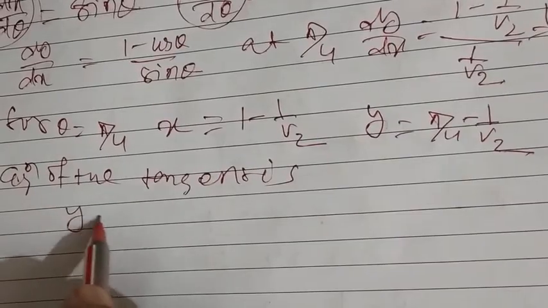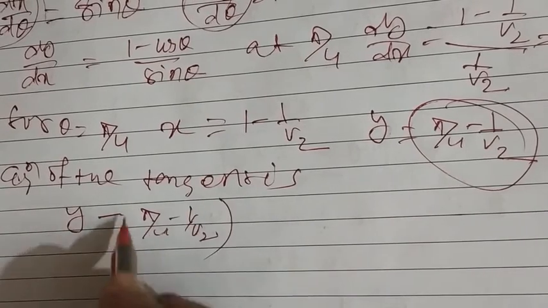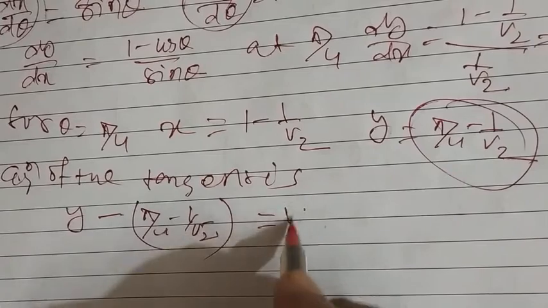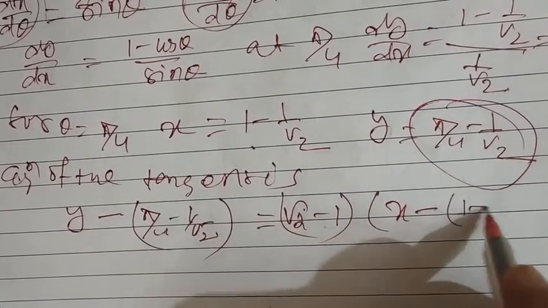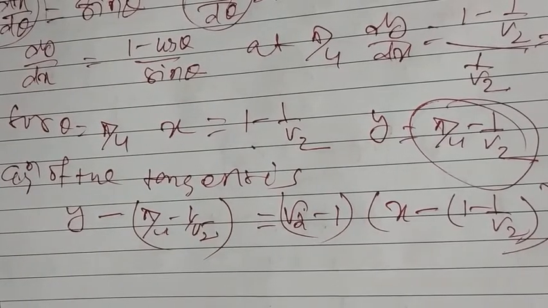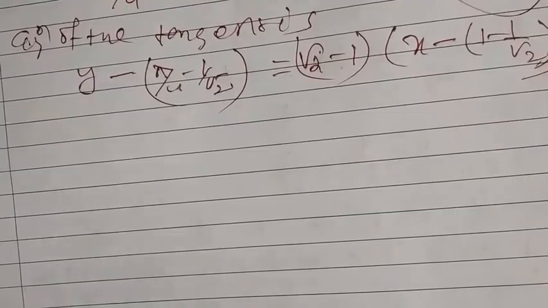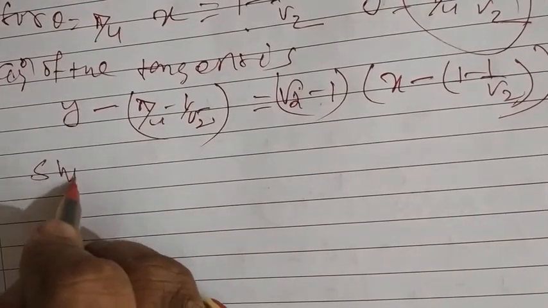It is y minus y1, pi by 4 minus 1 by root 2, equal to m, root 2 minus 1, into x minus x1, x minus 1 minus 1 by root 2. Simplify and get the answer. Very simple. Okay. Now next question. Very simple.